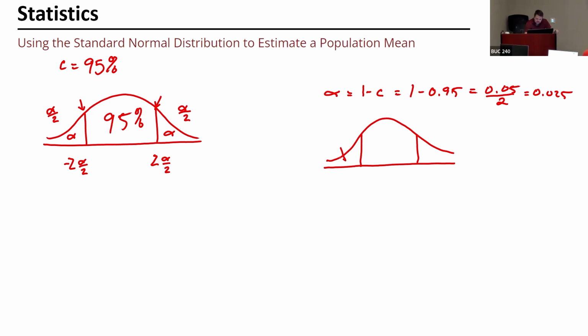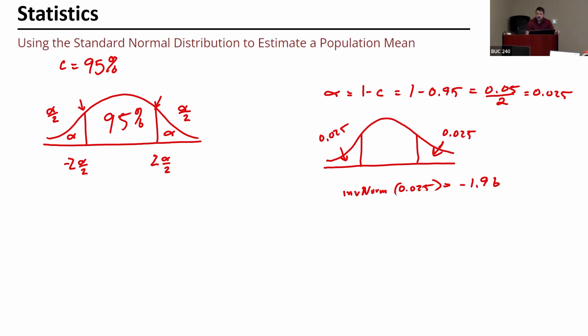I now know that this area here is 0.025. I also know this area here is 0.025. And I love normal curves because they're symmetrical. When I have the area of something but I don't have the z-score, don't I have a button on my calculator that says, hey, how about you use inverse norm, INV norm, 0.025, and I get negative 1.96.